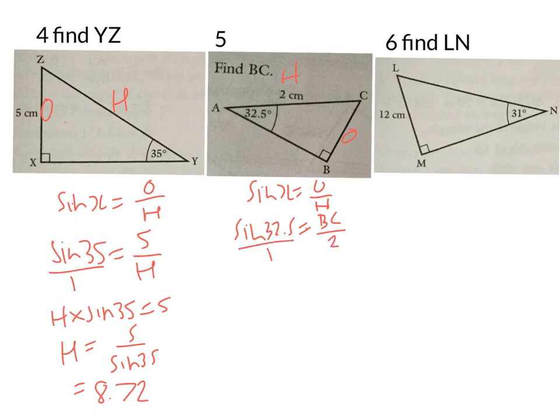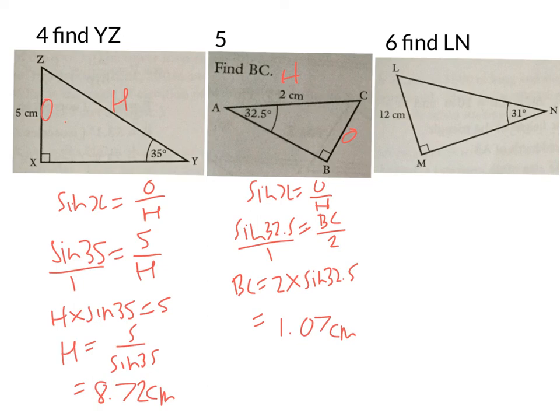We can cross multiply to get that BC is 2 times sine 32.5. That gives you 1.07 centimeters. Forgot my centimeters in the last one.